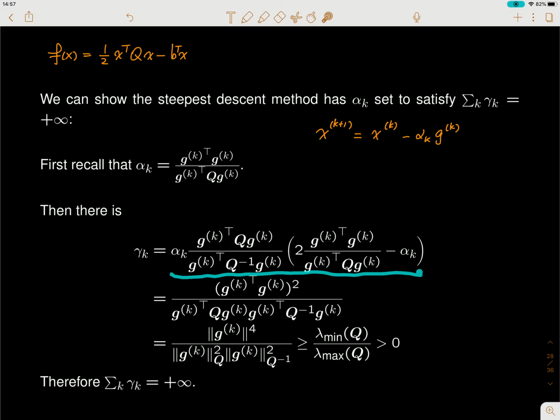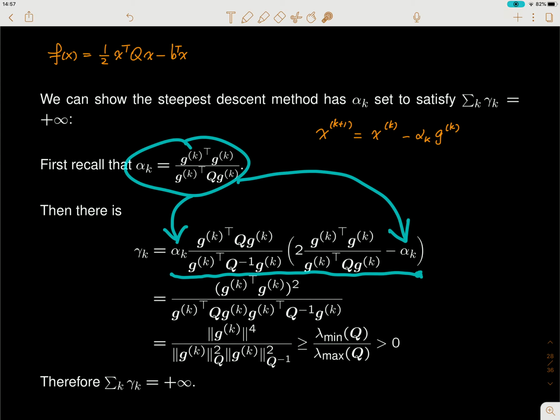And here, suppose we're using the steepest descent method, and let's see if this gamma k is indeed summing to infinity. Okay, so now what we need to do is just plug this alpha k into this formula, and see what happens, and see if this sum of gamma k is indeed infinity.